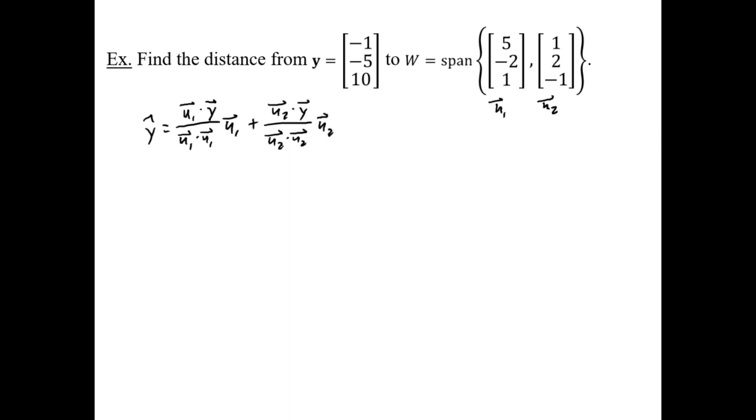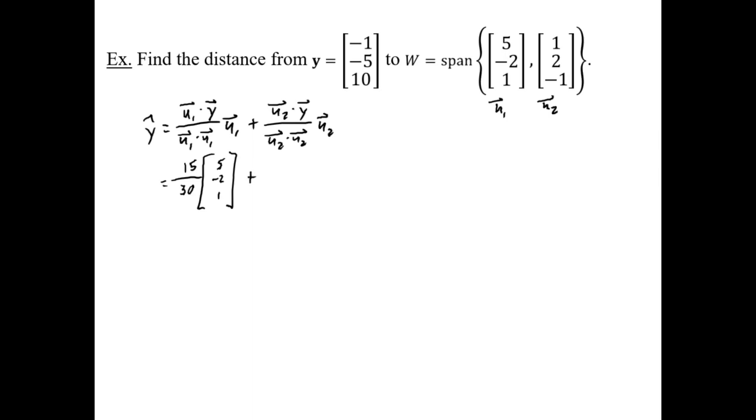We already did this, but not this problem, of course, so we still have to do it again. So u1 dot y would be negative 5 plus 10, which is 15. u1 dot u1 would be 25 plus 4 plus 1, which is 30, times u1, which is (5, -2, 1).